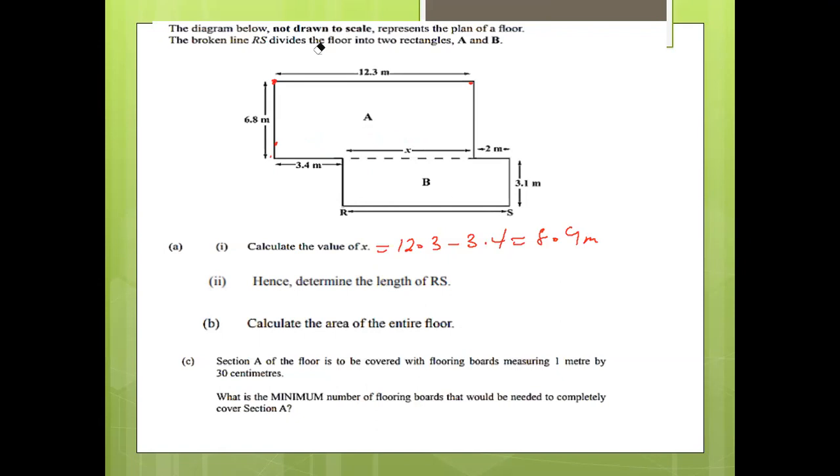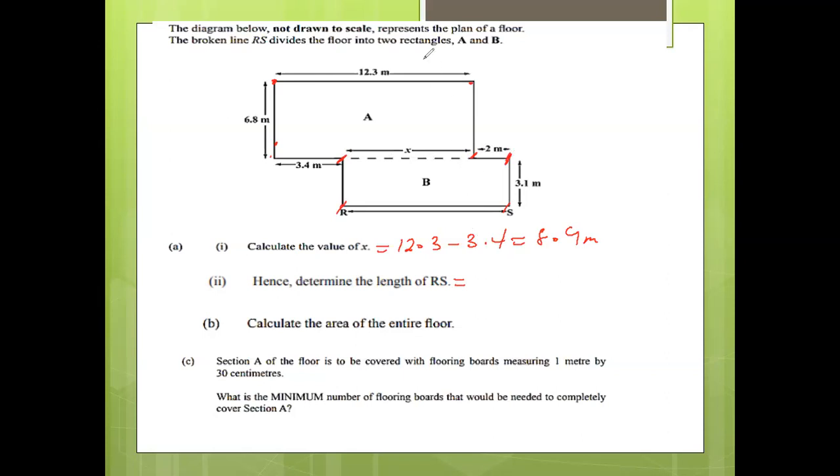Would it be the 8.9 plus 2 meter? Right, it will be 8.9 plus 2 meter. Beautiful, because you are looking from this point to this point, right? Now from the R to the S is the same thing, from this end right up to this end here, right?